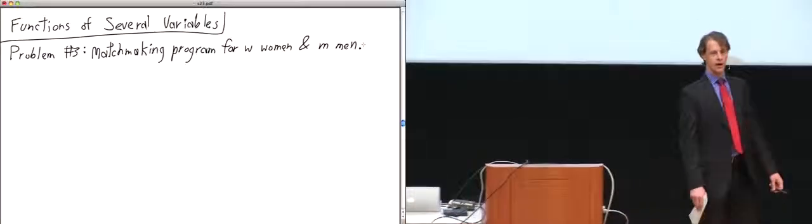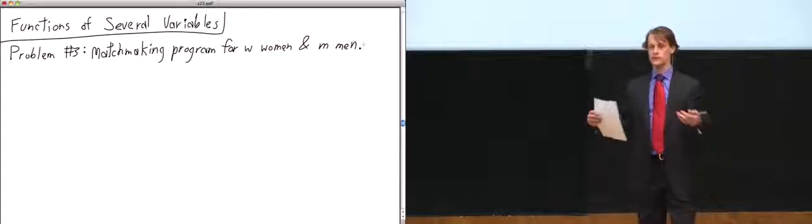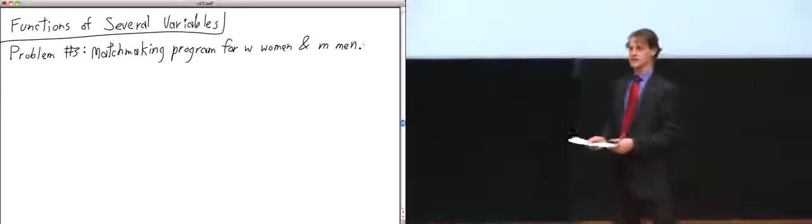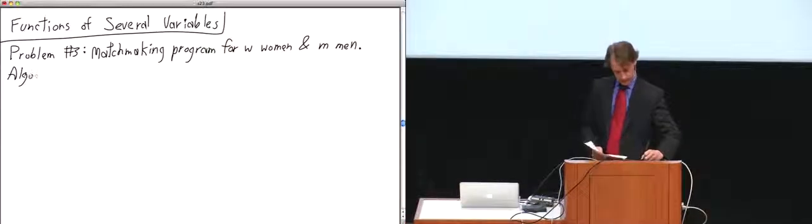Something like Match.com, where you've got M men and W women, and you want to figure out which ones are the best matches, or how good each match would be.